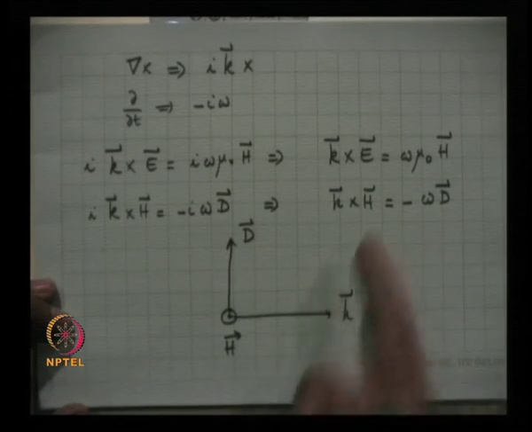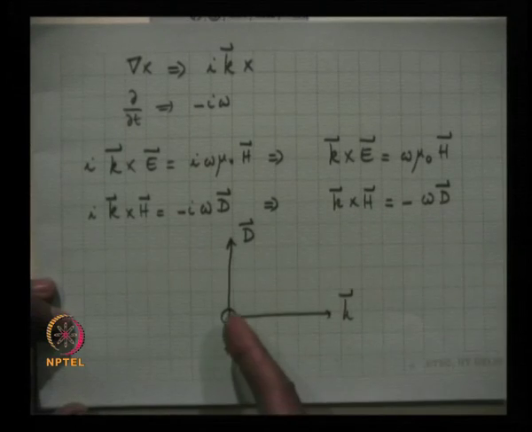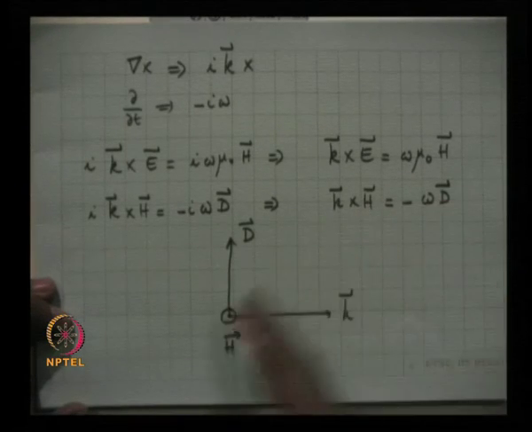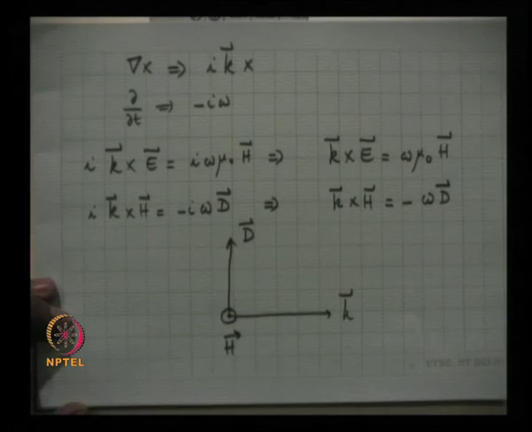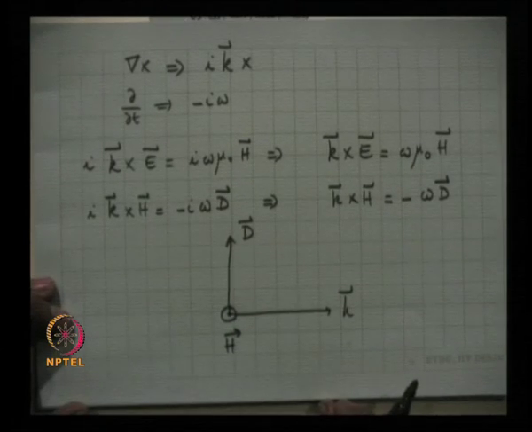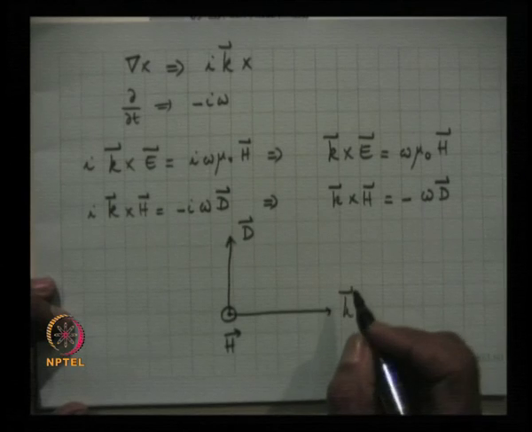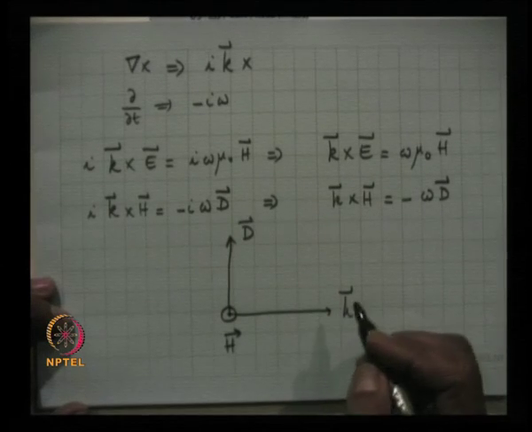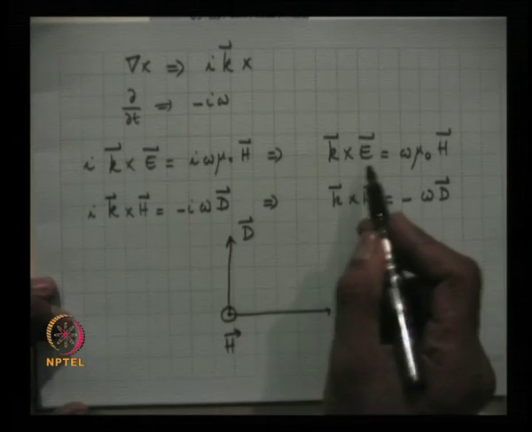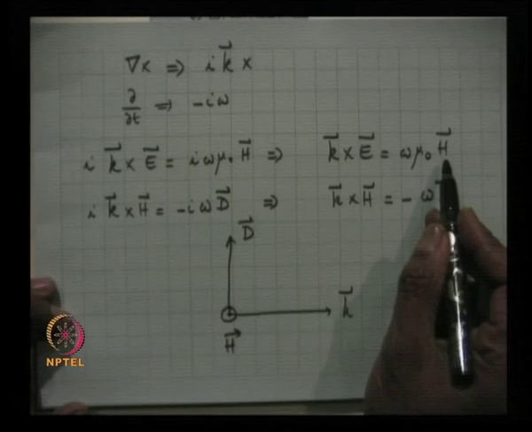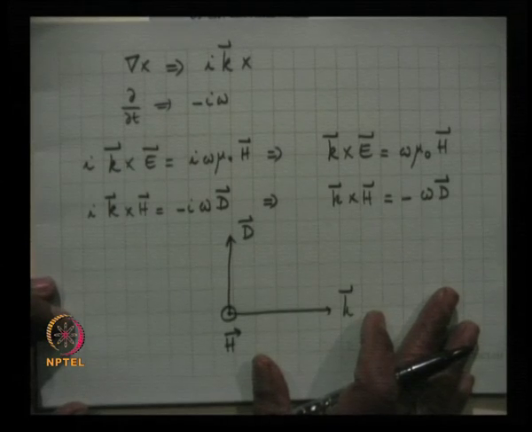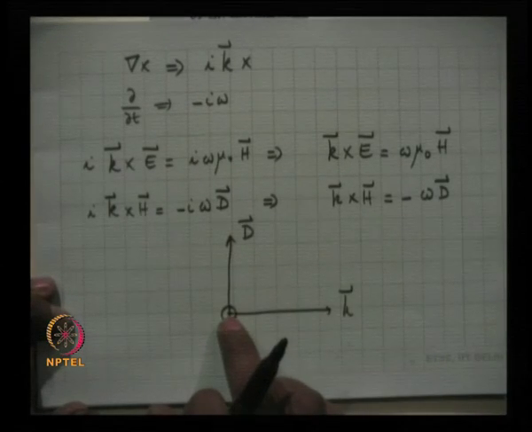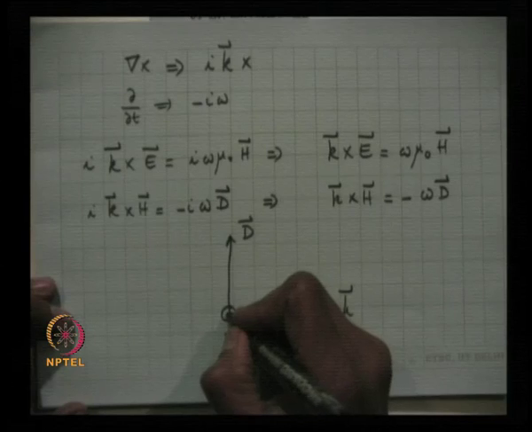So, k is perpendicular to D from here, H is perpendicular to D from here, and H is also perpendicular to k from the first equation, and now D and E are parallel to each other, and E is also perpendicular to H from the first equation. So, E must lie in this plane, and in general it will not be parallel to D. So, let me draw an E vector like this.